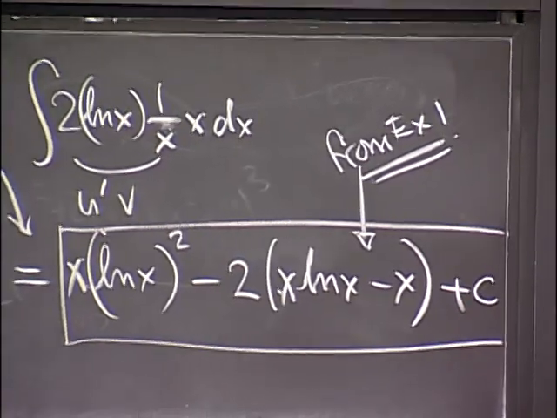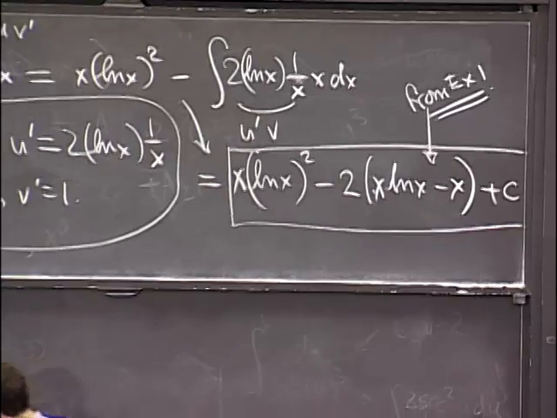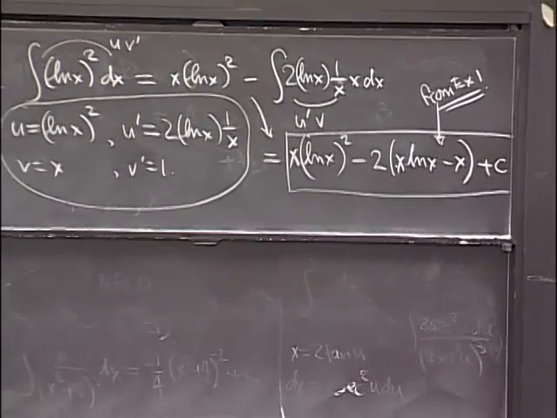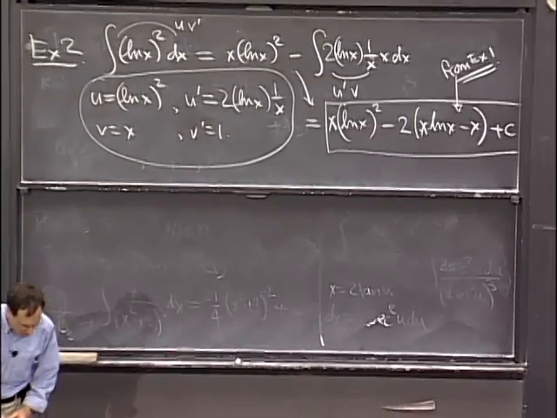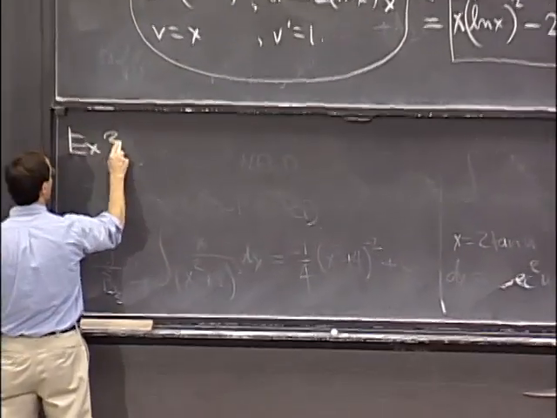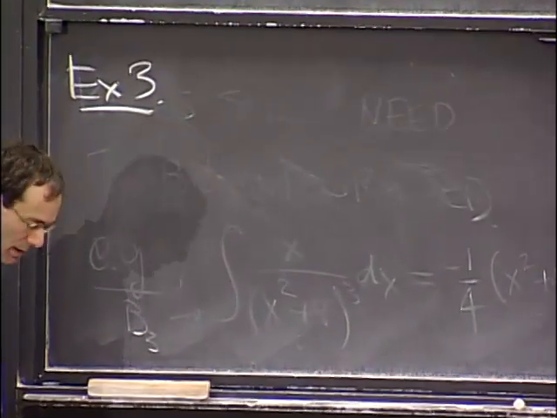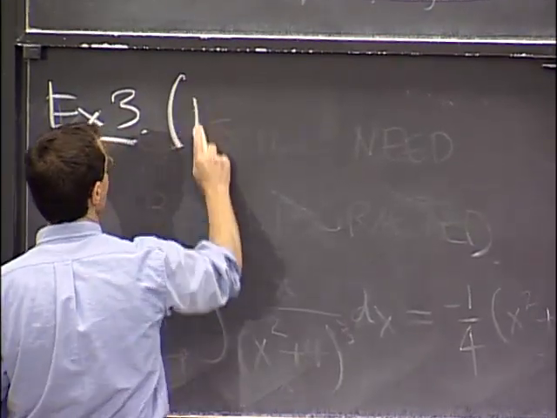Now, this illustrates a principle which is a little bit more complicated than just the one of integration by parts, which is a sort of a general principle, which I'll call my example 3, which is something which is called a reduction formula.